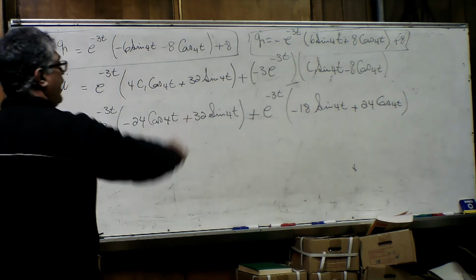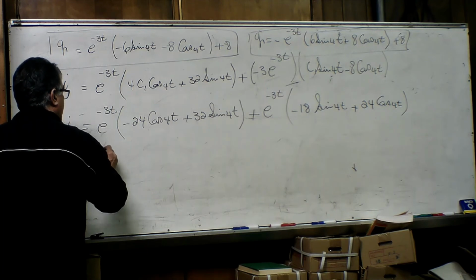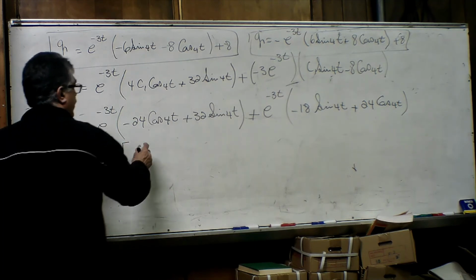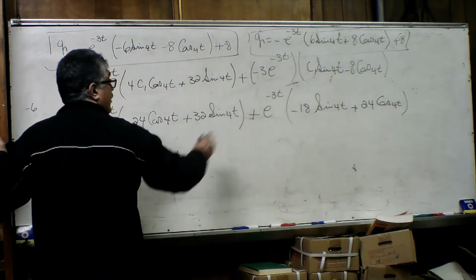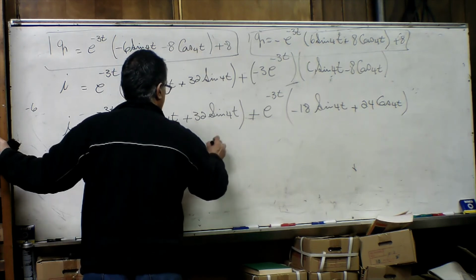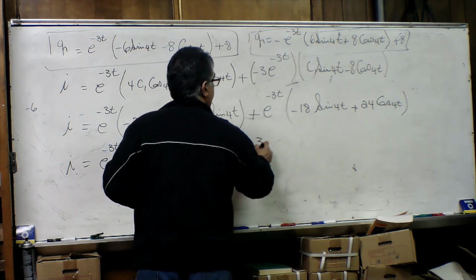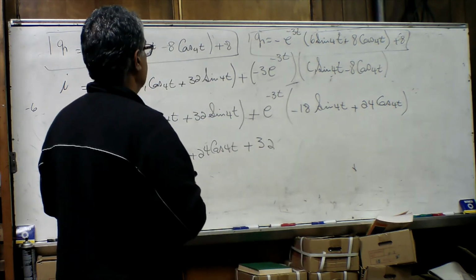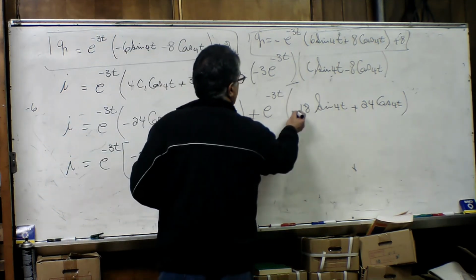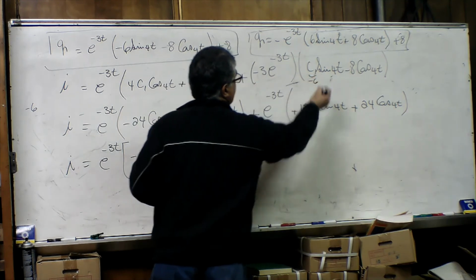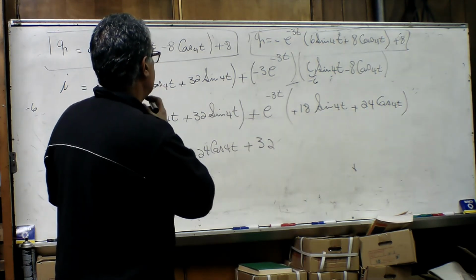So if we simplify this, we can write I is equal to e to power minus 3t multiplied by minus 24 cosine of 4t plus 24 cosine of 4t, plus 32 sine of 4t plus 18 sine of 4t. This will be positive because C1 was minus 6.